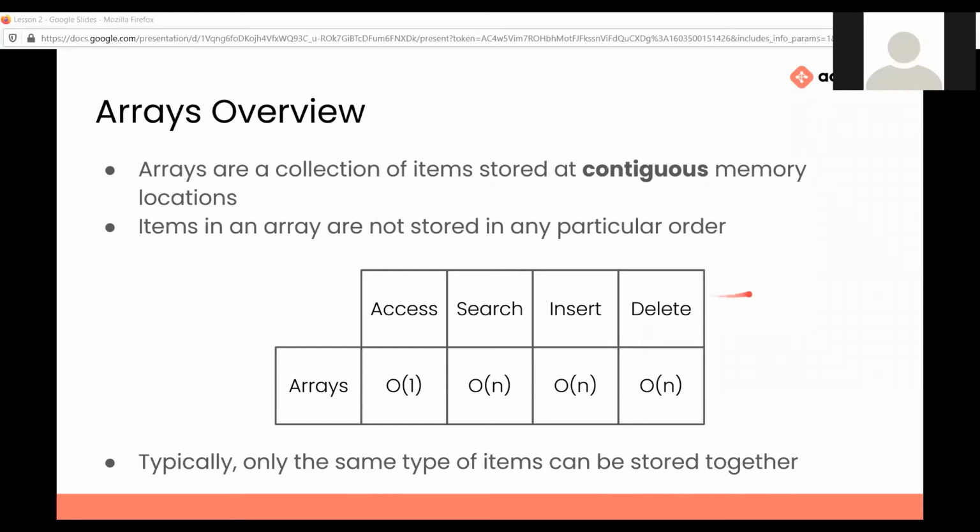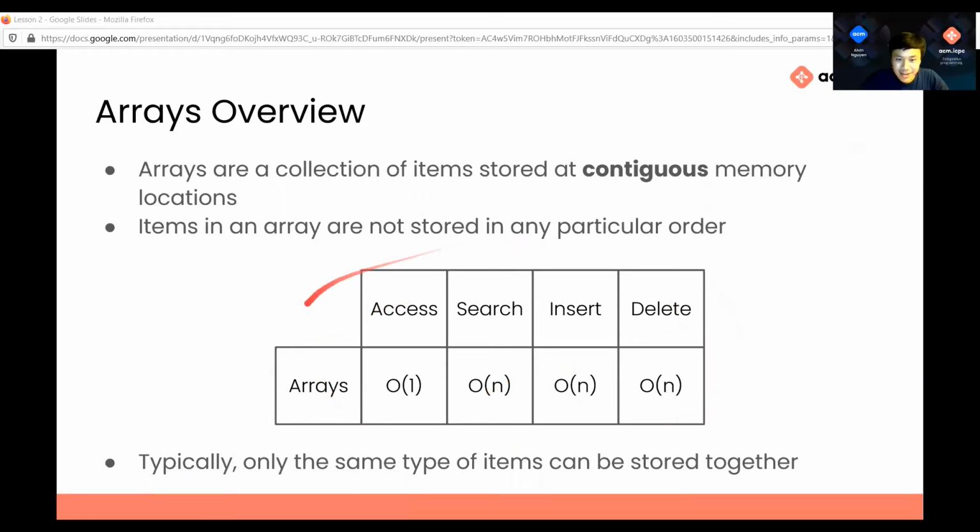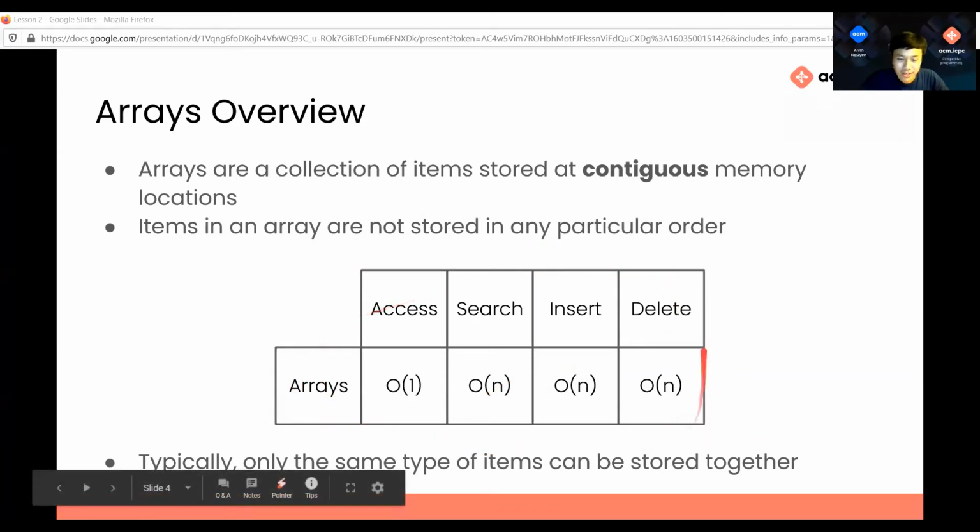Well, since it's contiguous memory, you have to shift all the other elements in the array to put a new one in or to take one out. Yep, good job. I think you may all have memorized this or know this from experience, but if you don't, I'll give you a few seconds to look at it.